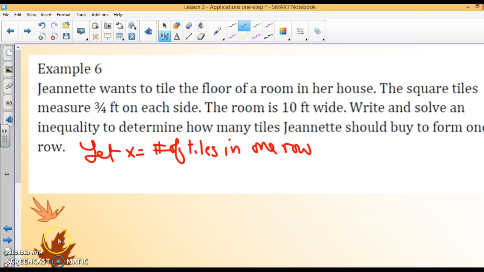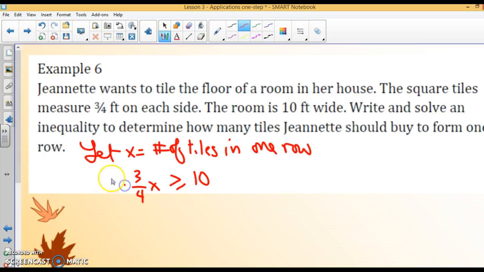Well, each tile is 3/4 of a foot long, and we need the room to be 10 feet wide. So 3/4 x, because each one is 3/4 of a foot, has to be greater than or equal to 10. Because if it's less than 10 feet, we wouldn't have enough, there would be a gap.